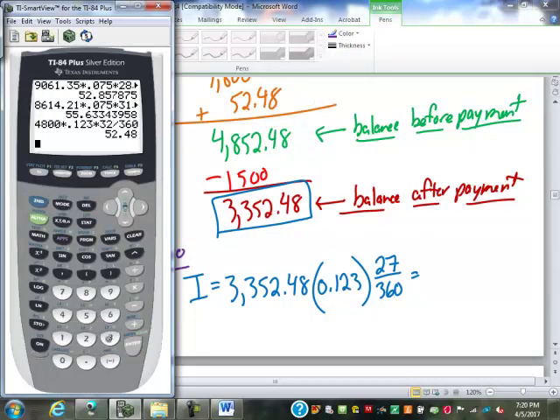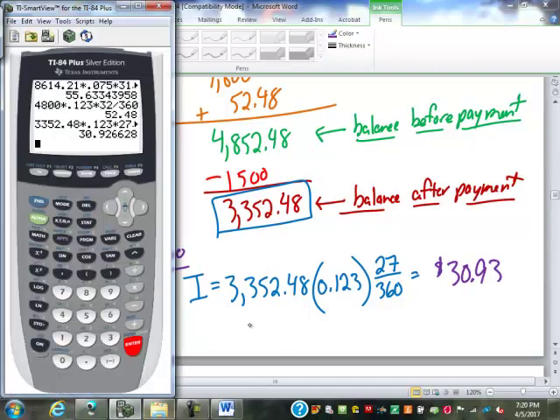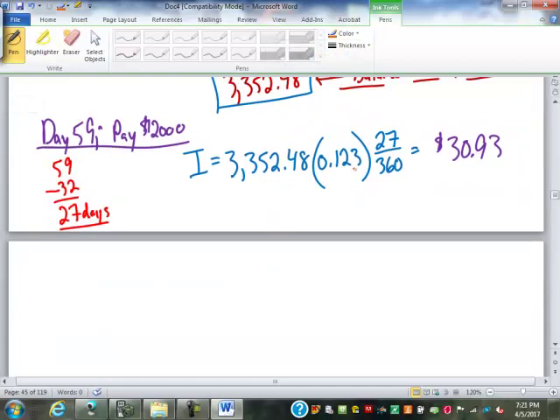So 3352.48 times 0.123 times 27 divided by 360 is $30.93 in interest. That means we take the $3,352.48 and add that $30.93.